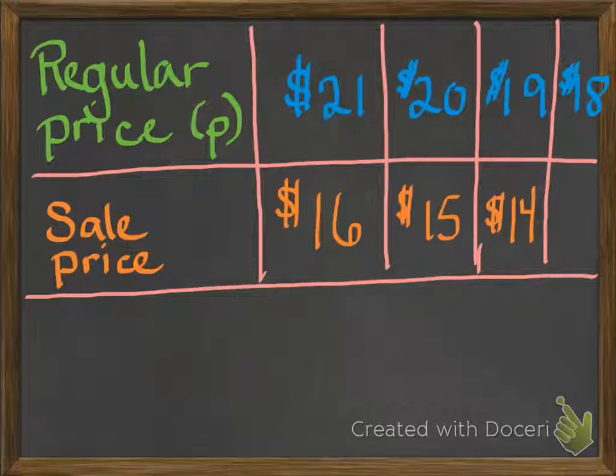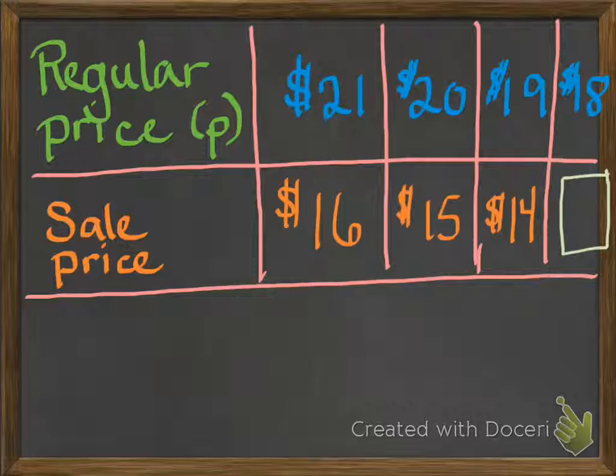The regular price for the next item is $20. The sale price is $15. The next regular price is $19. The sales price is $14. And then in the last column, the regular price is $18, and the sales price box is empty.